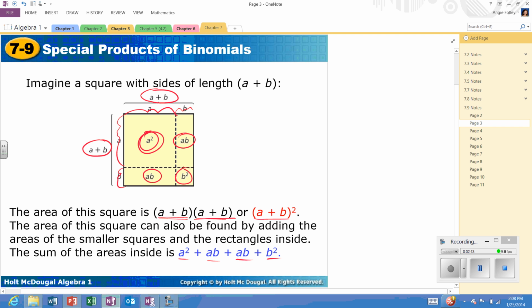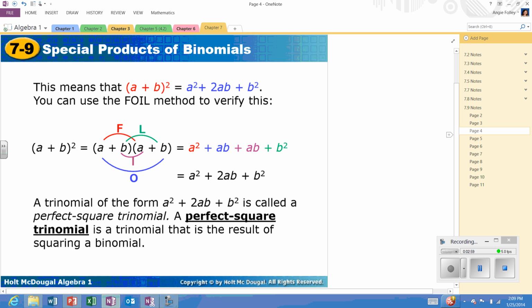So b times b gives you this. And then for this one, the area is going to be a plus b. So a plus b squared actually is equal to a squared plus ab plus ab plus b squared, which simplifies to a squared plus 2ab plus b squared.